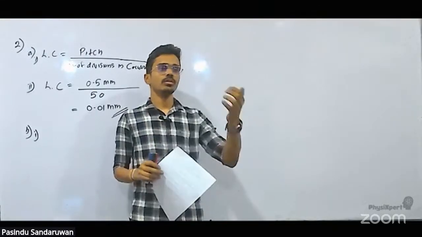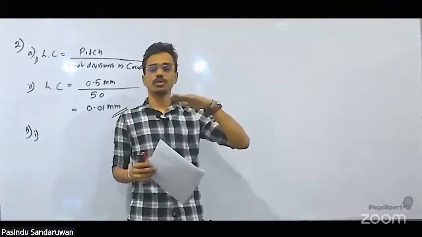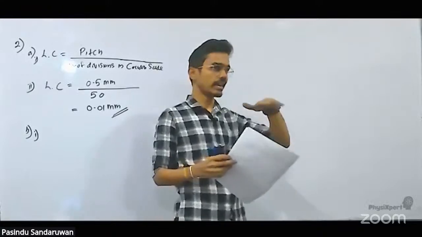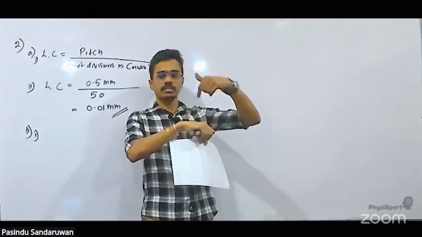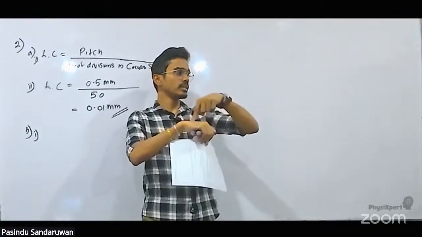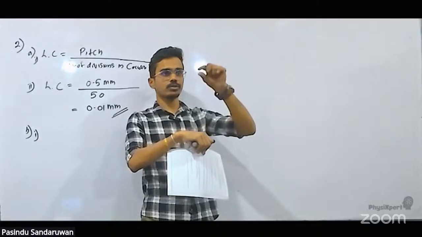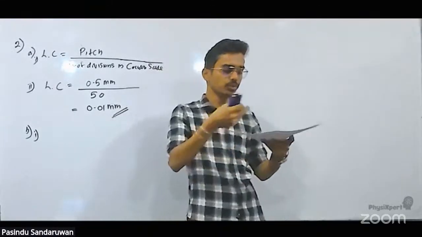But you have to know the exact thing here. You take a glass cube or a glass slide and keep the spherometer on the glass slide, and by rotating the screw tip, you move it downwards until the actual screw tip touches its image, because from the glass slide you will see the reflected image.